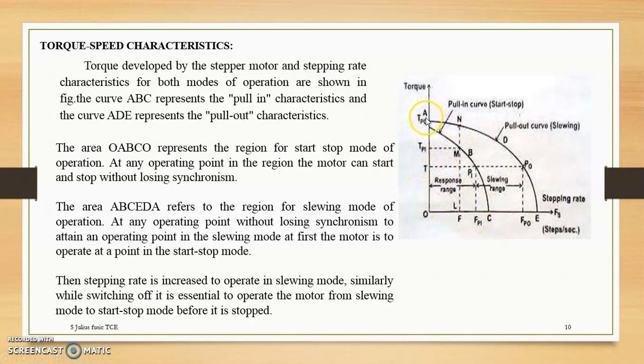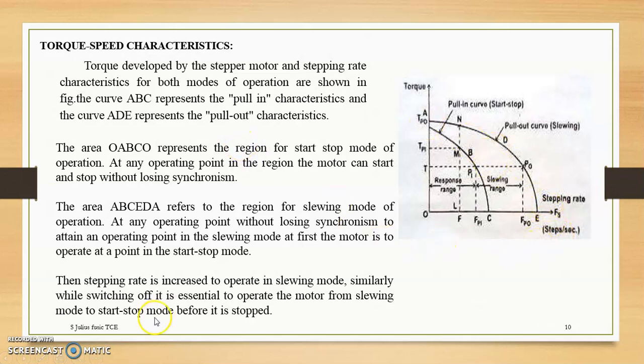And assume this A, B, C, E, D, A. This area covering will be due to the conduction period, or once the machine has started in start-stop mode. After that, while in conduction mode, it will go back to its slewing range or slewing mode operation. This type of operation is said to be the pull-out curve, where the characteristics of your torque and speed will be like this.